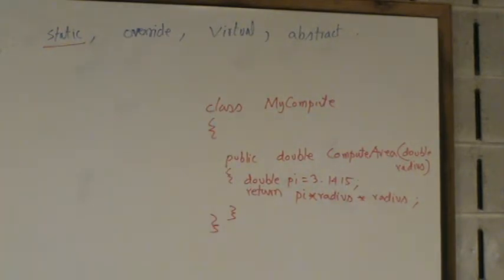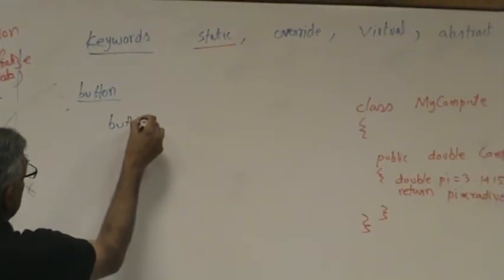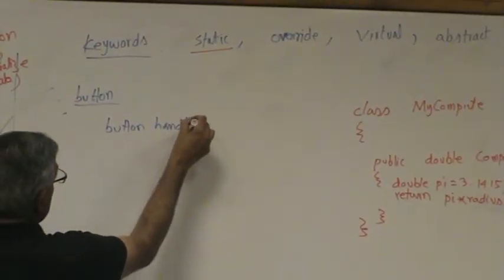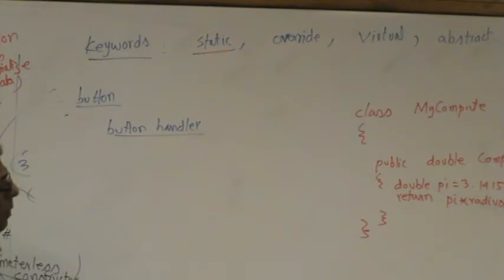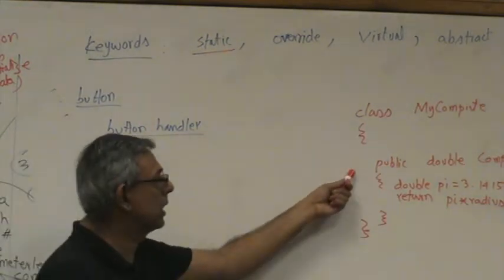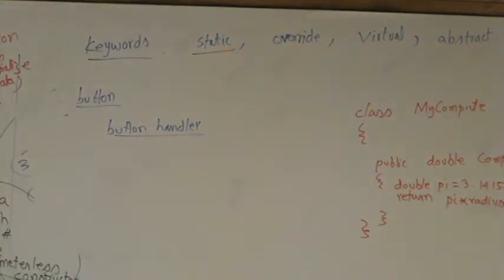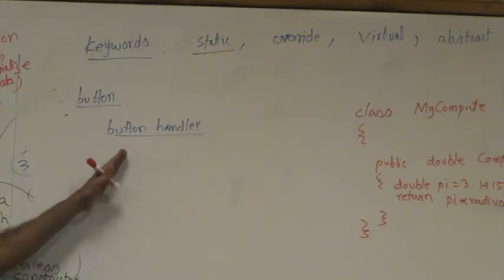Okay? So now let's go and create a button in our form. Once we double click on the button, it will take us to a button handler. Okay? So if we wanted to call this function, let's say, and have it compute the area of a circle whose radius is 5, as an example, what will our calling code look like?